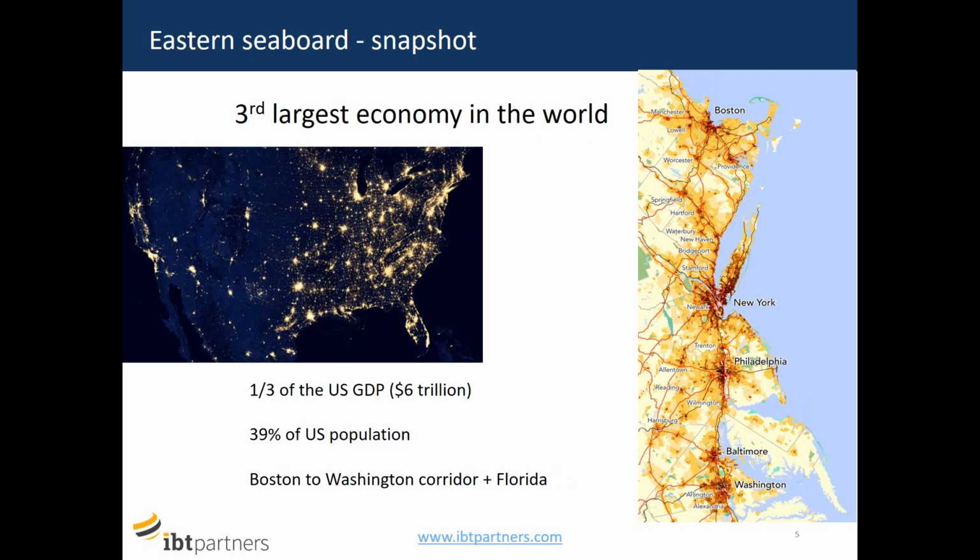You can see the density of population in the eastern seaboard especially, and particularly in what's known as the Boston to Washington corridor. But it's also right the way down into the Floridas and the Keys, where you have this very dense population and economy.